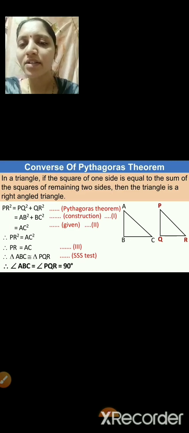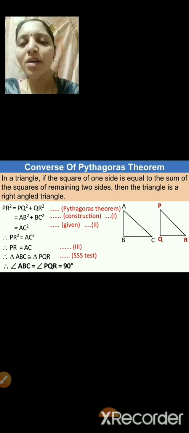So let's substitute here. So the equation becomes AB square plus BC square. Write the reason as construction and write this equation as equation 1. Now in the given part, it is given that AB square plus BC square is equal to AC square. So we can write here the reason is given and mark this equation as equation 2.